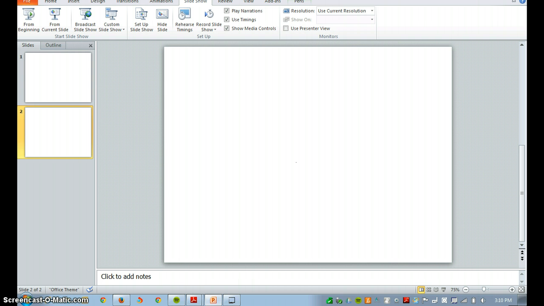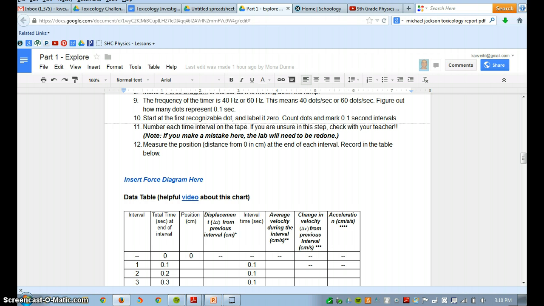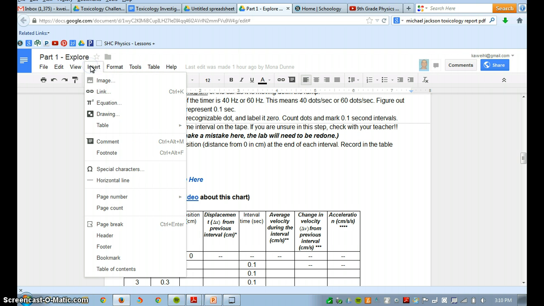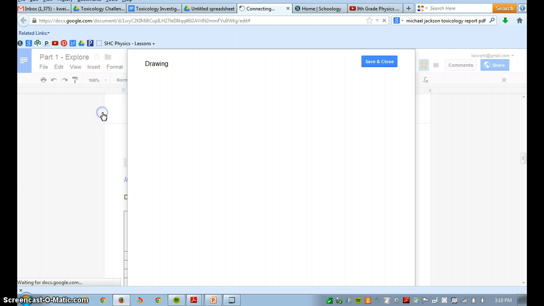And so for that reason, this is the appropriate force diagram for our lab. So what we're going to do is discard that, and I will get out of this program. We will go into our force diagram lab report, and where you see insert force diagram here, you're going to click that, and you're going to go into insert drawing.